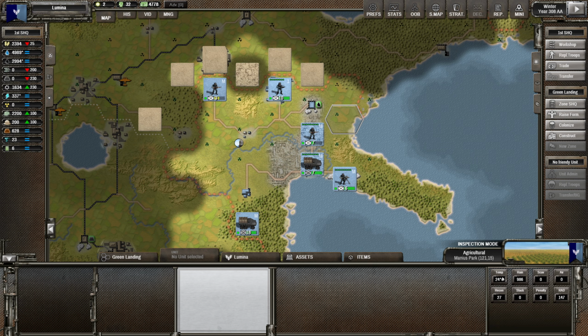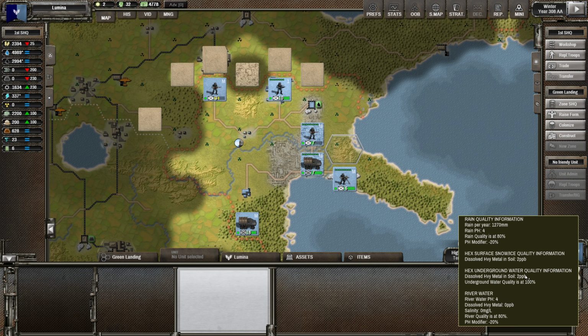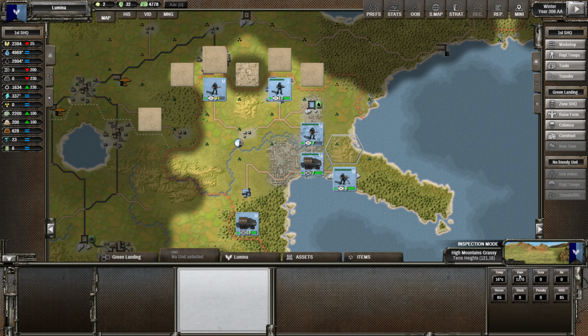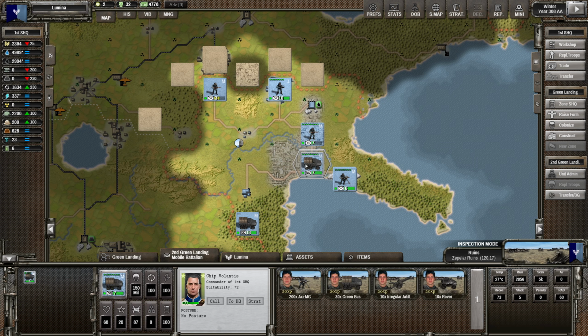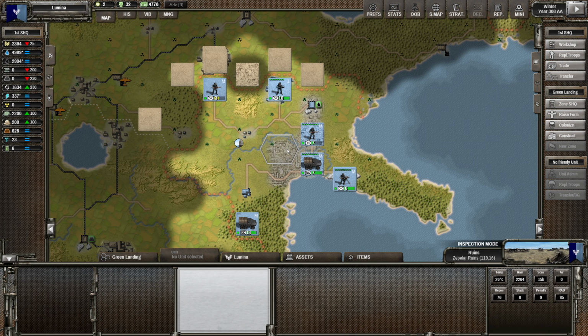Every hex has got a temperature which can affect fighting conditions, and it will affect crop growth and various other things. You've got how much rain there is. This is getting you more into the complex simulation side of things, so I'm not going to go through this too much. You've got how many scavenging points are in the area. If you're looking at ruined cities on the post-apocalyptic ruins, it'll tell you how many scavenging points are there.